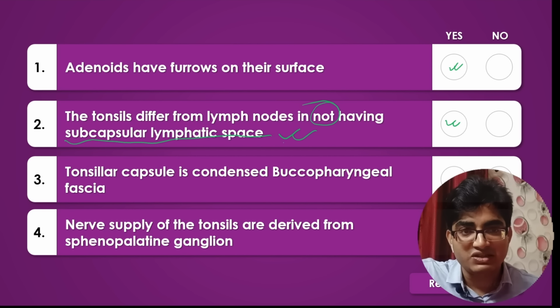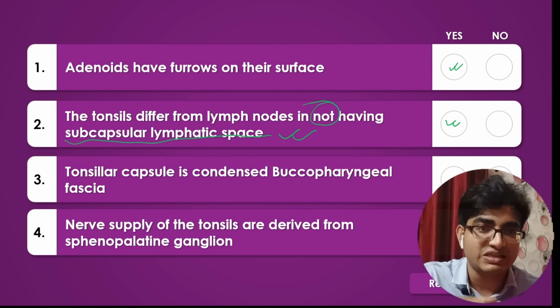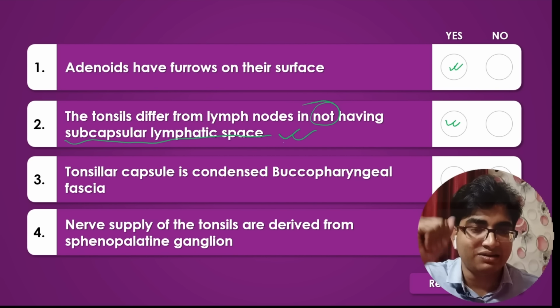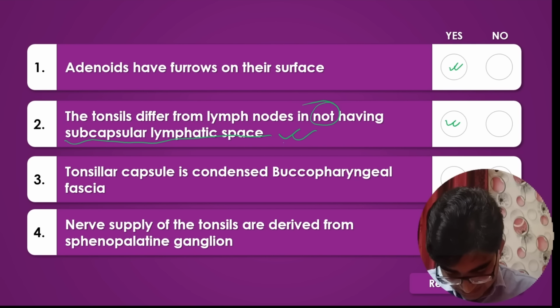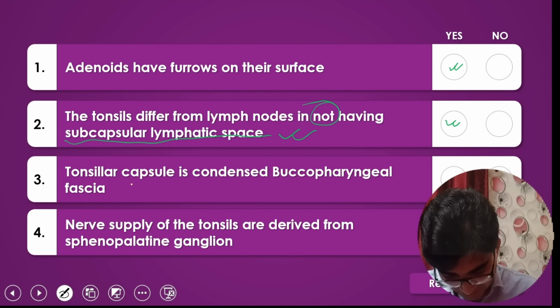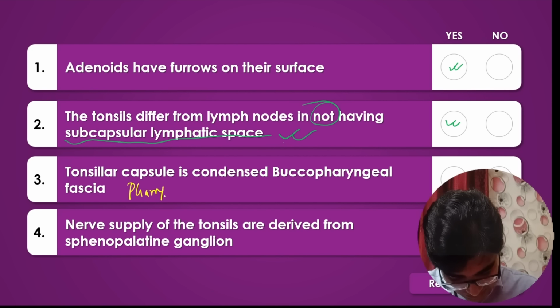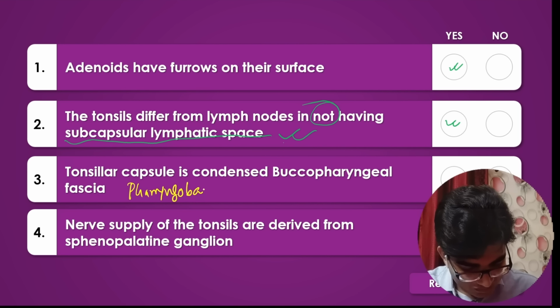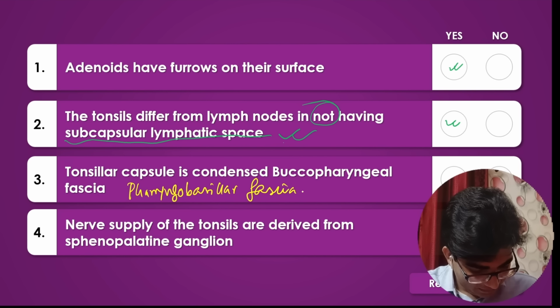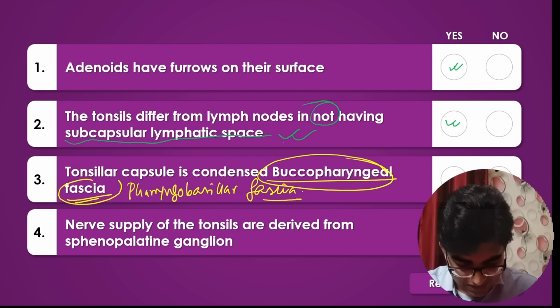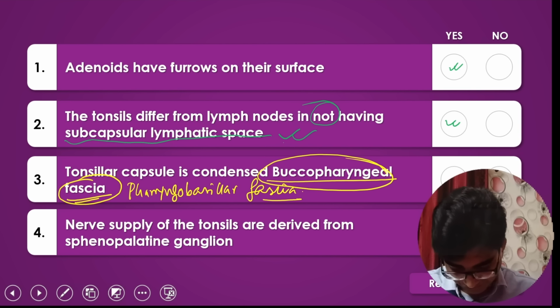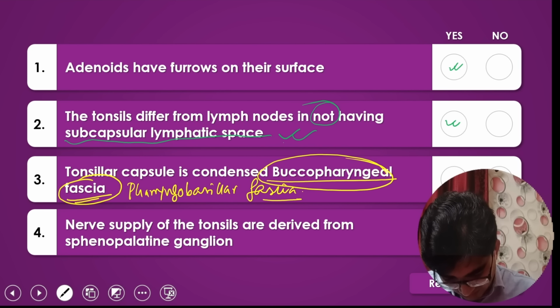I had actually mentioned it wrong in the video. That's why, to emphasize on the point that the tonsillar capsule is actually condensed pharyngobasilar fascia. It is condensed pharyngobasilar fascia. Okay, then the condensed buccopharyngeal fascia, so obviously this is a wrong point.